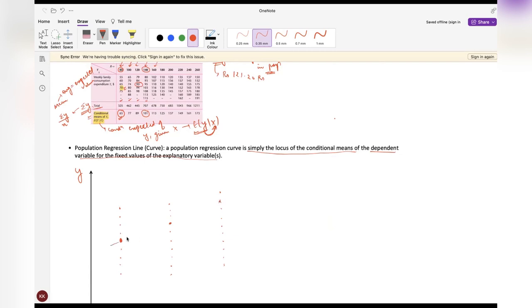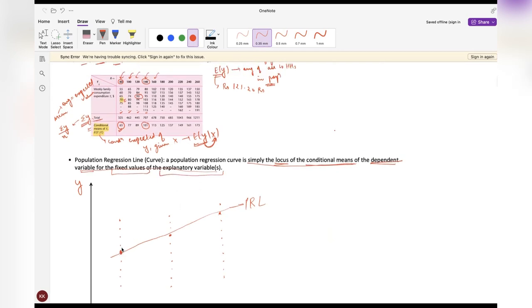Let's join all these points. In joining all these points, this line is known as the population regression line. So the population regression line is the locus of the conditional means of the dependent variable for the fixed values of the explanatory variables. I hope this is clear.